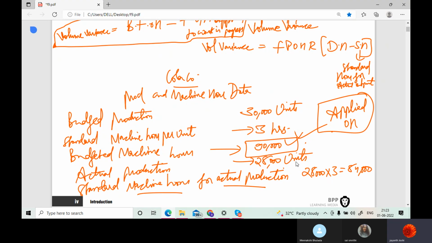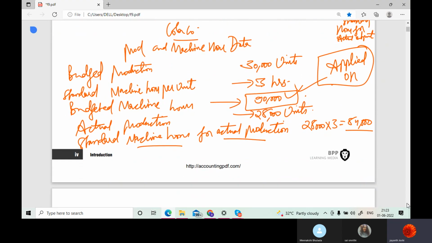So 28,000 is the actual production which has happened, and standard hours for actual production you incurred is this. And actual machine hours is 88,000 hours. Just a second.